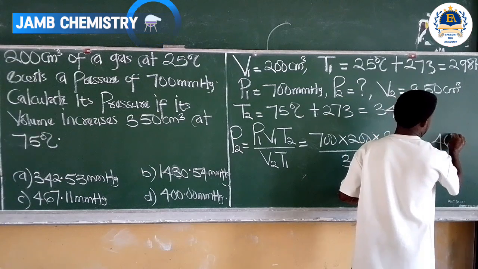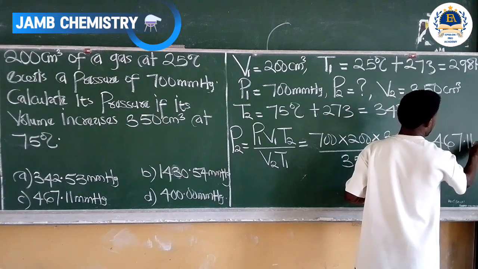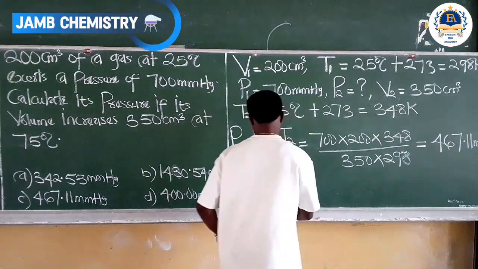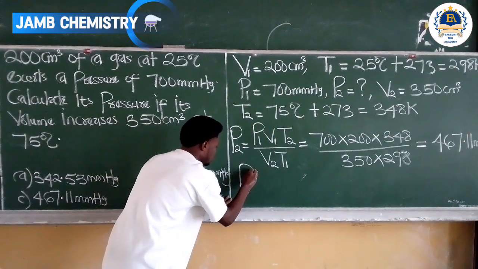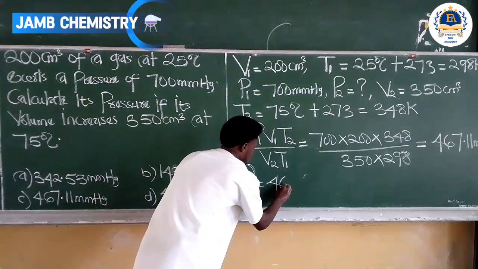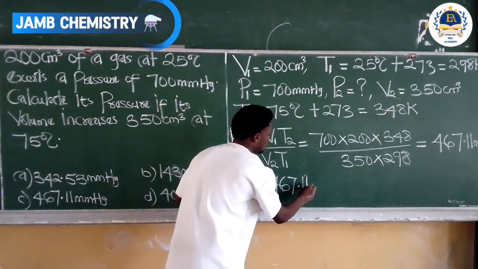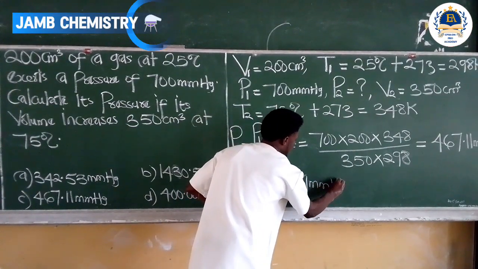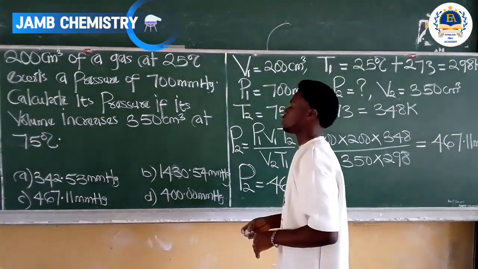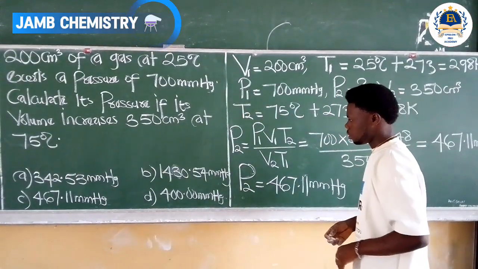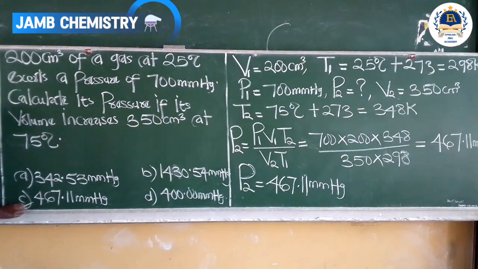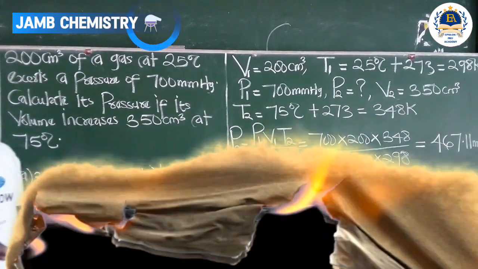This gives 467.11 millimeter mercury. So P2 is equal to 467.11 millimeter mercury, which is the final pressure required. And the correct option on the board is option C, 467.11 millimeter mercury.